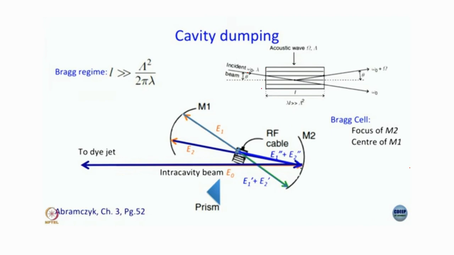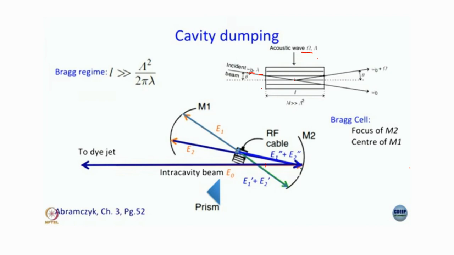A Bragg cell comprises a region of a material, and that may be a crystal, but normally what we studied for the acousto-optic modulator was a container filled with water. What we do is we incident the beam with light of a particular wavelength and angular frequency at a certain angle. And we also apply a sound wave, that is the acoustic wave, that has angular frequency capital omega and wavelength capital lambda.